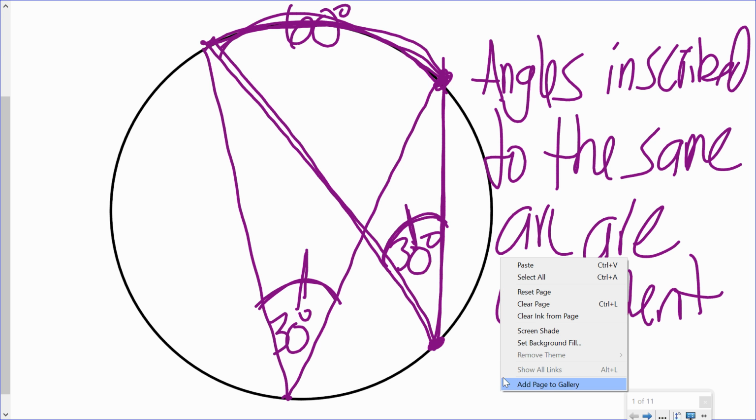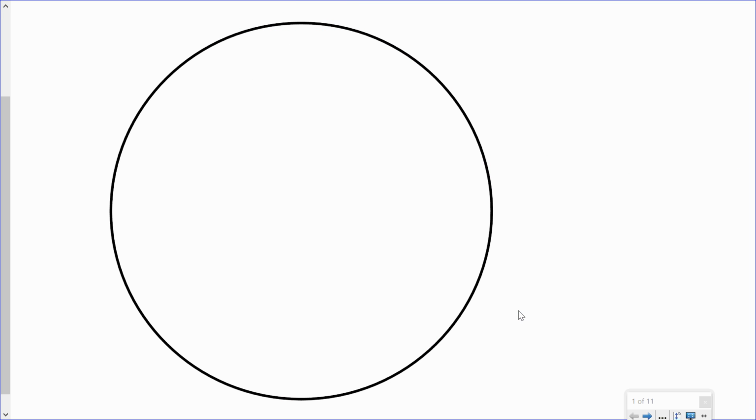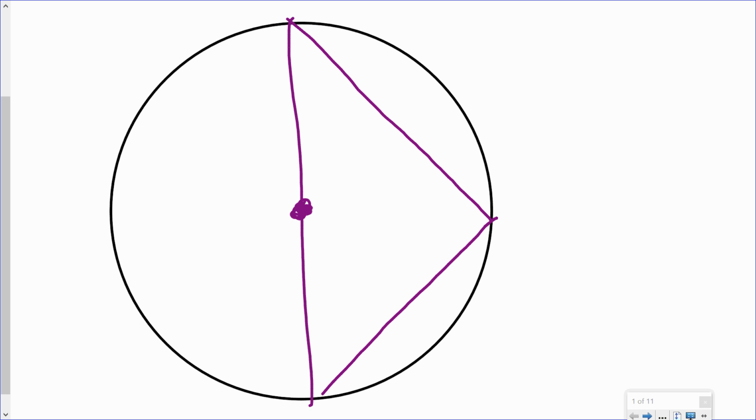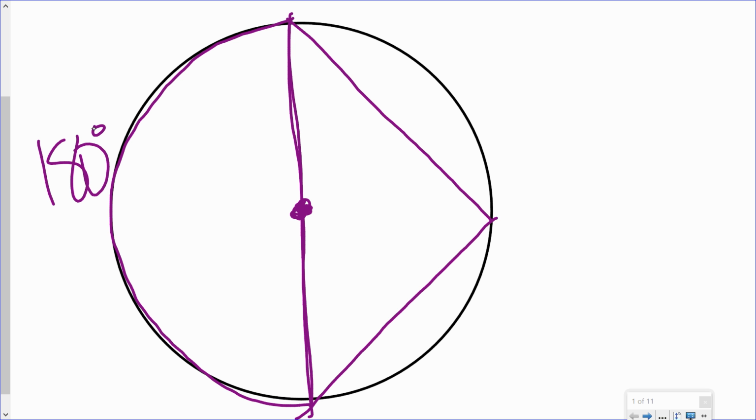All right, your second special rule. I'm going to draw in a diameter. And I'm going to draw in an inscribed angle. Well, a diameter, we said, cuts a circle in half, making this arc half of a circle, which is 180 degrees.